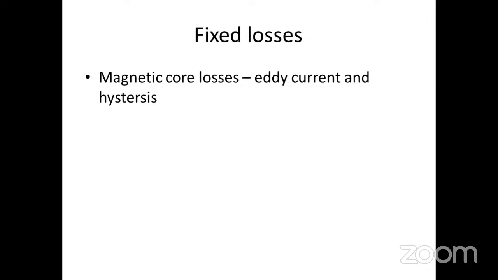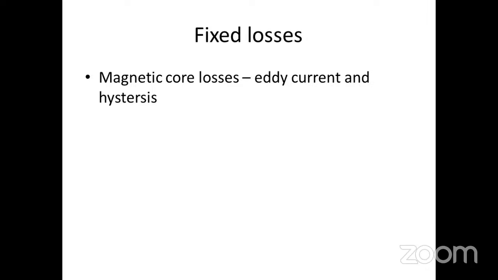So whenever there is a change in the magnetic field, it not only induces EMF in the copper conductor, it will also induce voltage in the magnetizing material, thereby producing current. That's why we make it in laminated sheets. Laminated sheets increase the resistance of the magnetic path so that the current flow is reduced. EMF induced divided by the resistance gives us the eddy current. So by lamination, we are increasing R.